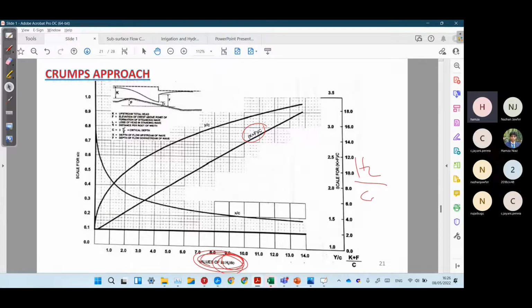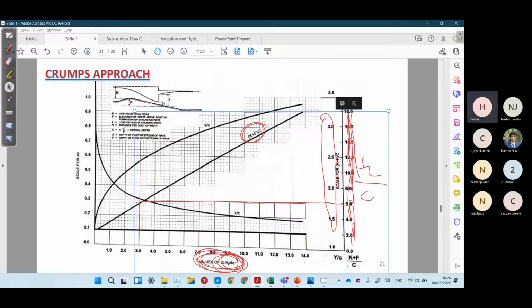So on the x-axis we have HL over C. For any value of HL over C that we calculate, we have to move to this K plus F over C curve and check the value on the y-axis.